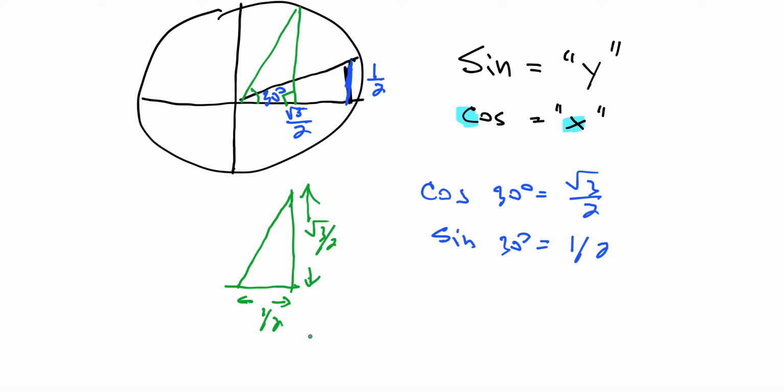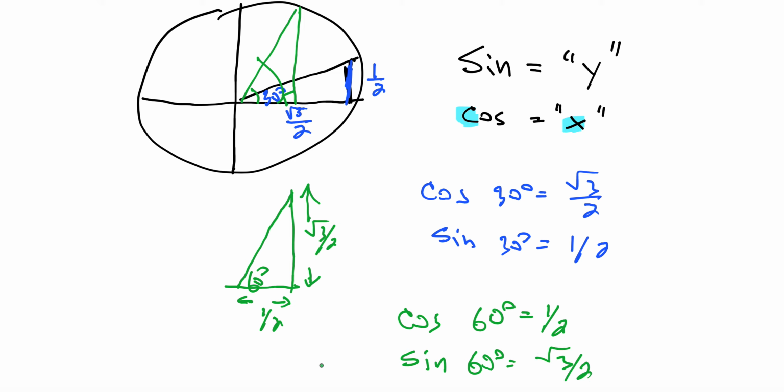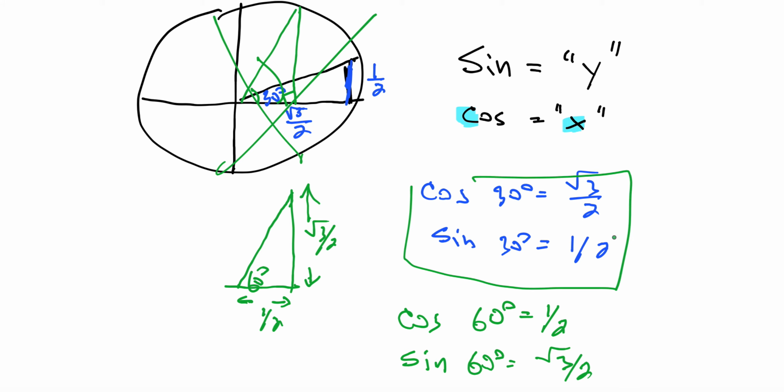So cosine, is that side by side or up and down? Side by side. So what's the cosine of 60 degrees? 1/2. And the sine of 60 degrees is √3/2. I didn't need the circle at all for that, because I know the other one is the opposite.